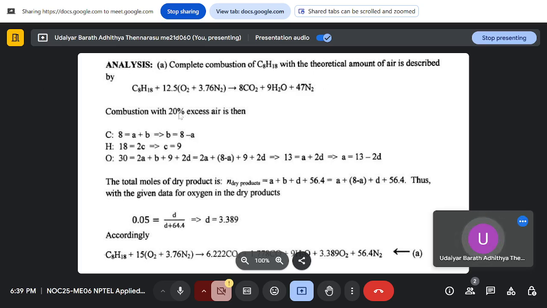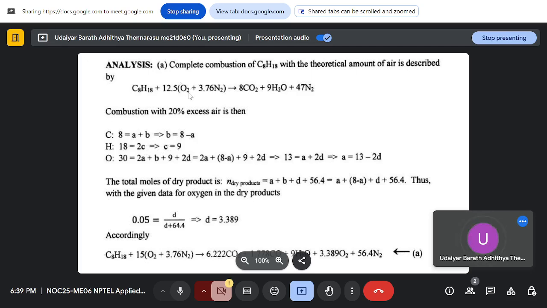Doing the balance, for carbon, 8 equals A plus B, because there is some CO present. So B is 8 minus A. Then hydrogen balance: 18 on the left equals 2C on the right, so C comes out to be 9.